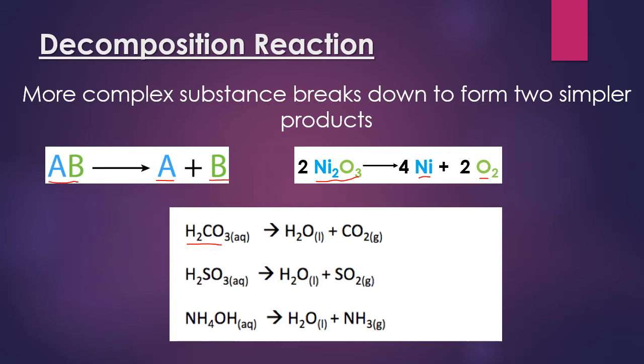Notice in all of them we have one reactant, and that reactant is breaking apart and decomposing into two products. Okay, so that's how you can identify these as decomp, because I have just one reactant breaking apart into two products. In this case, these acids are all decomposing into water and their counterparts.